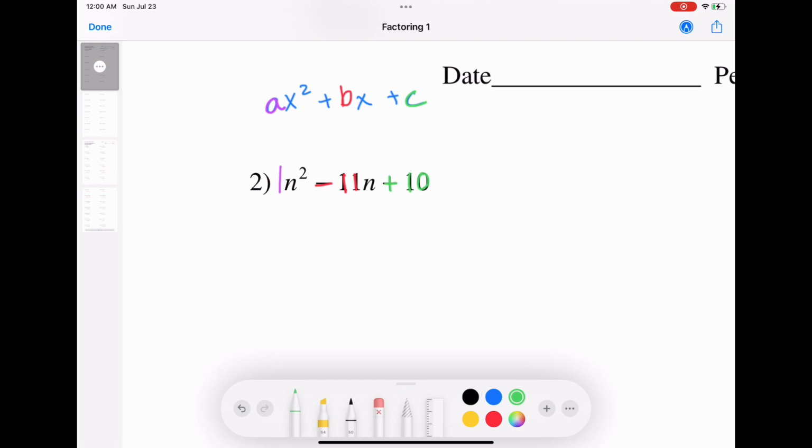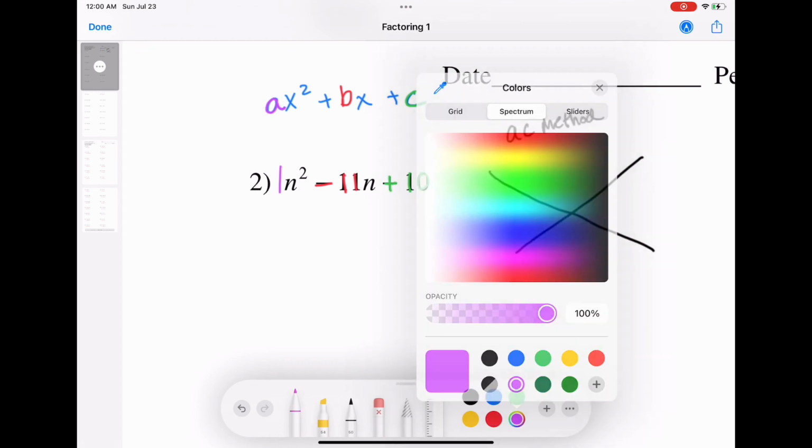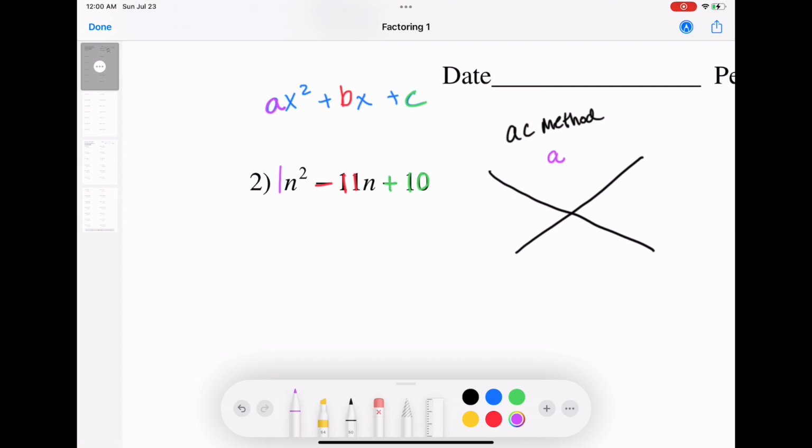Okay, so here is what is called the AC method. Some people do it a different way. That's the way that I found, based on how I learned it in high school. You make this X, you take A times C up here, and then you take B down here.